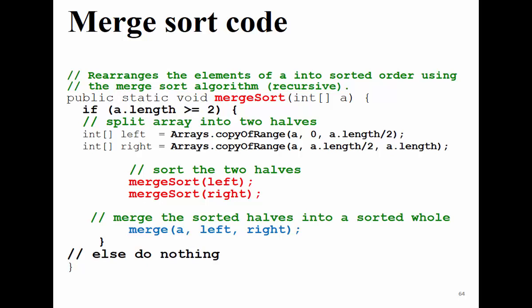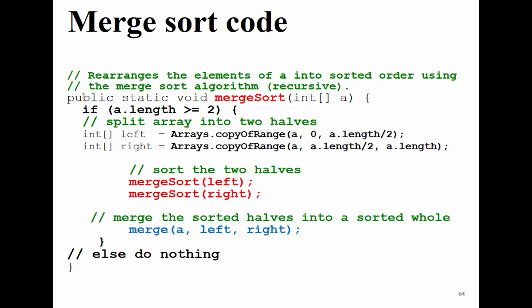In the merge sort, if the array length is greater than or equal to 2, we take the first half, from 0 to array length divided by 2. We use Arrays.copyOfRange to take the elements from A for the first half, the front, and put them in left.